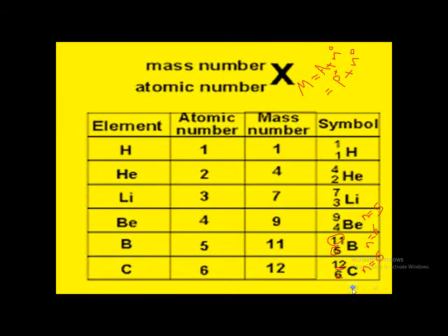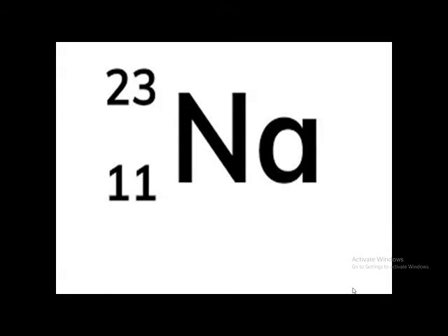We talked about proton and neutron. What about the electron? So let's go here. Again, who can tell me which one of these numbers represents the atomic number and which one is the mass number? Again, the large number is the mass number and the smallest one is the atomic number.